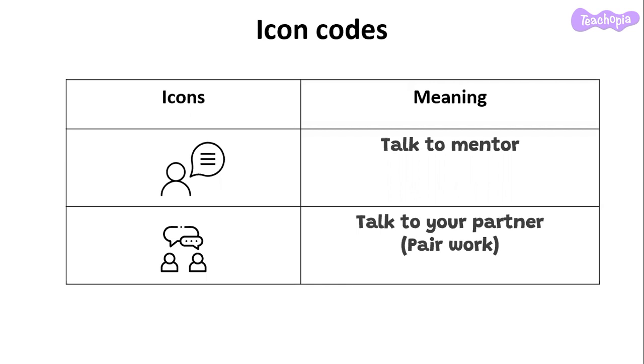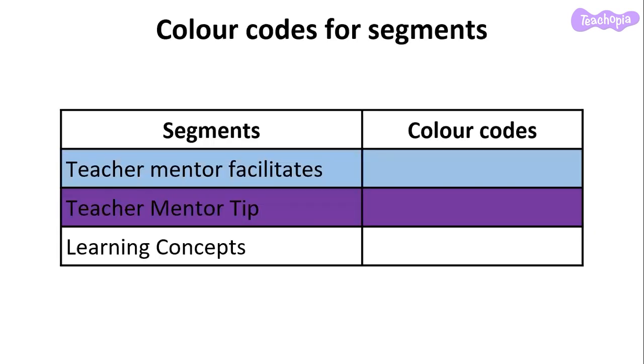If you find the second icon, it is a pair work activity where the teachers will be involved in a pair activity, and this is how that would be conducted. We will learn more about the activities.